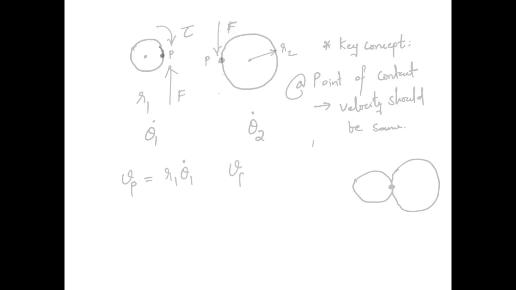Similarly, if we consider the point as a part of body 2, the velocity will be given by r2 theta 2 dot. These both should be equal, then only we will have smooth functioning, otherwise there will be slip. I am not getting into the details of that. This is a basic criterion that should hold. Make sense? Okay.